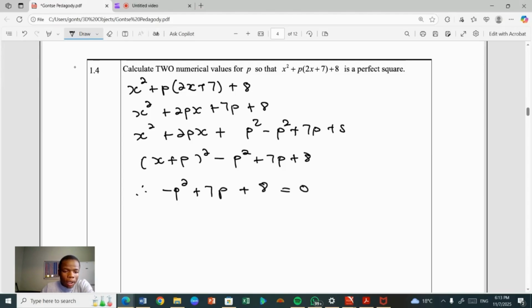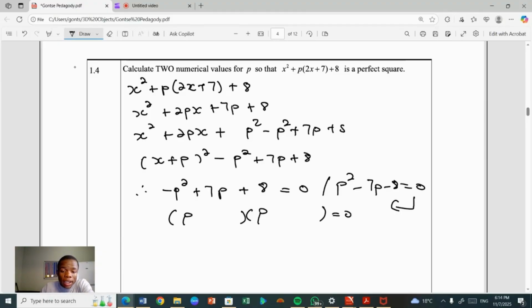Then you solve for your p. So from here you can just divide everything by -1. Then our equation will be p squared minus 7p minus 8 is equal to 0. Then this one we use for factorizing. So you'll have (p )(p ) is equal to 0. Then the factors of 8 that you add or subtract give you the middle term.